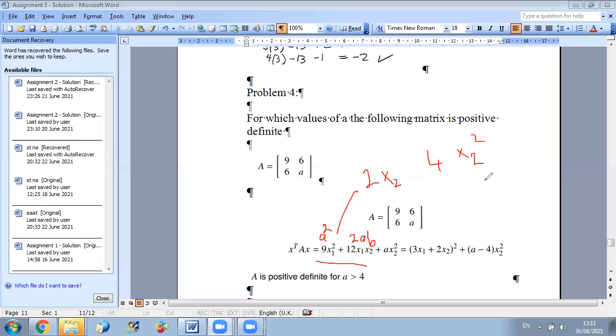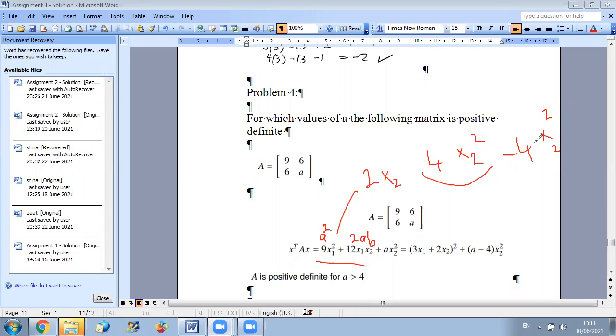How can I make it appear? I can add to the equation 4x2 squared and subtract 4x2 squared. In this way I don't change anything, right? I mean, why not the a x2 squared at that point? I say that a is equal to 4. You can do this, it's another method. Yes, exactly.